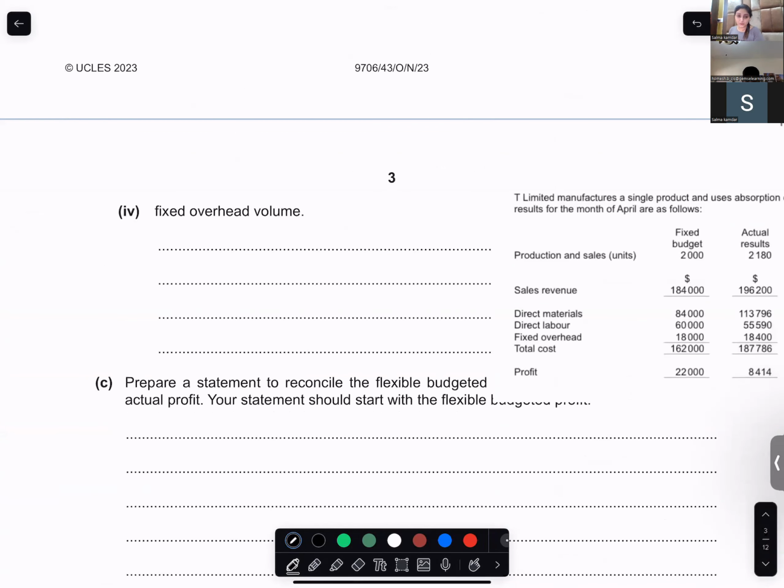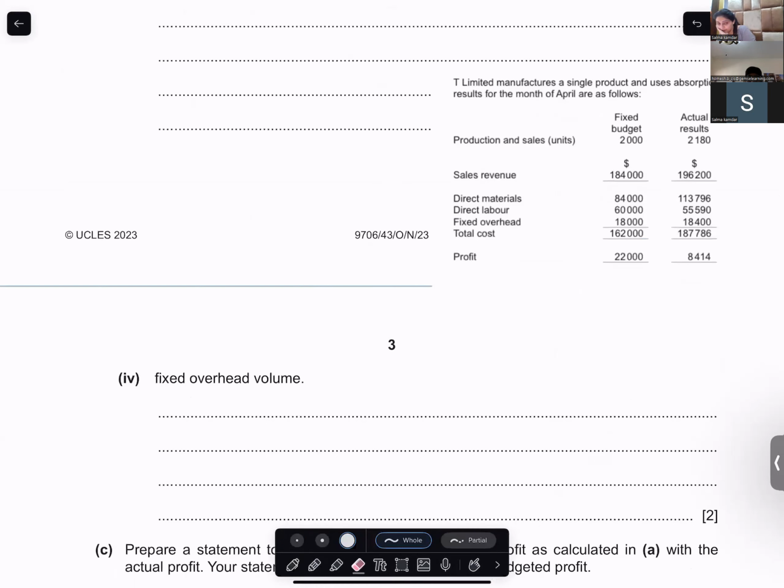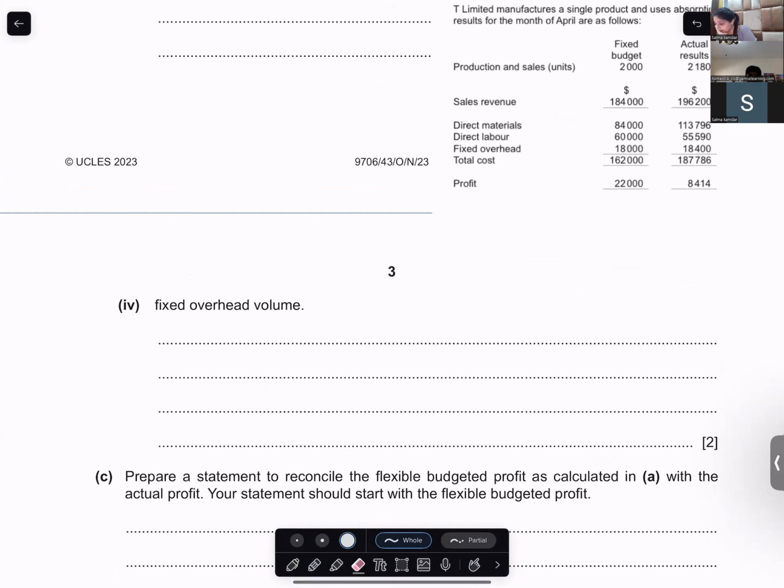Now, fixed overhead volume variance. How do you find fixed overhead volume variance? I forgot, miss, this one variance.